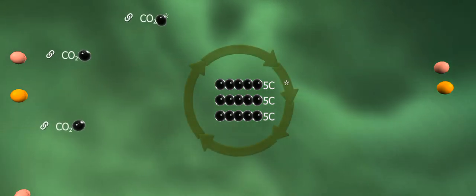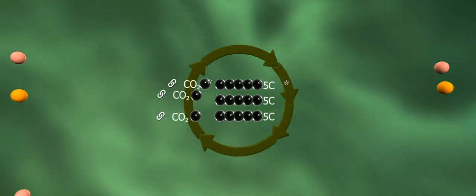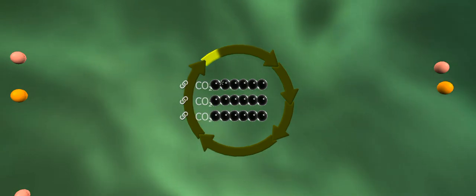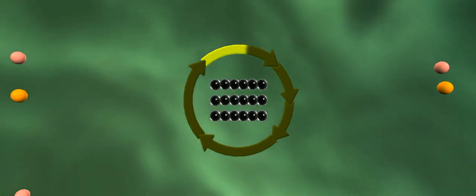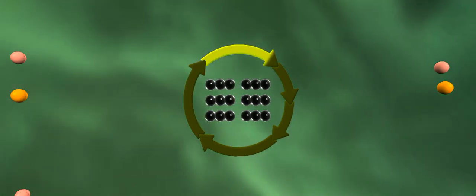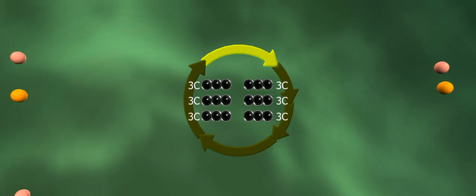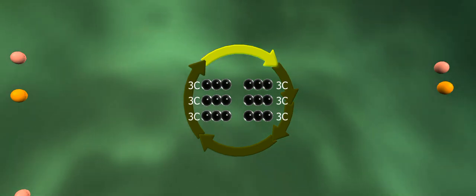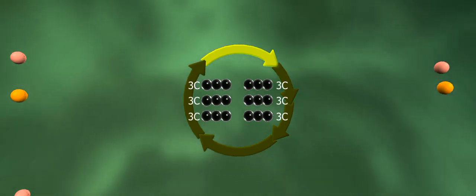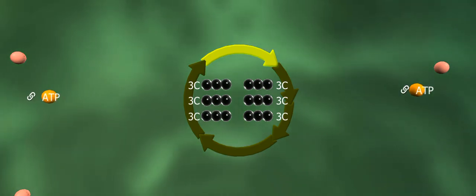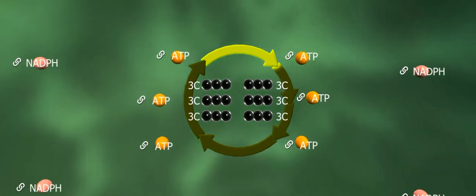An enzyme protein incorporates 1 carbon dioxide molecule into each sugar molecule, while the product splits and 6 3-carbon molecules are formed, with a total of 18 carbon atoms. Then, by using 1 NADPH and 1 ATP for each molecule, 6 glyceraldehyde 3-phosphate molecules are formed.